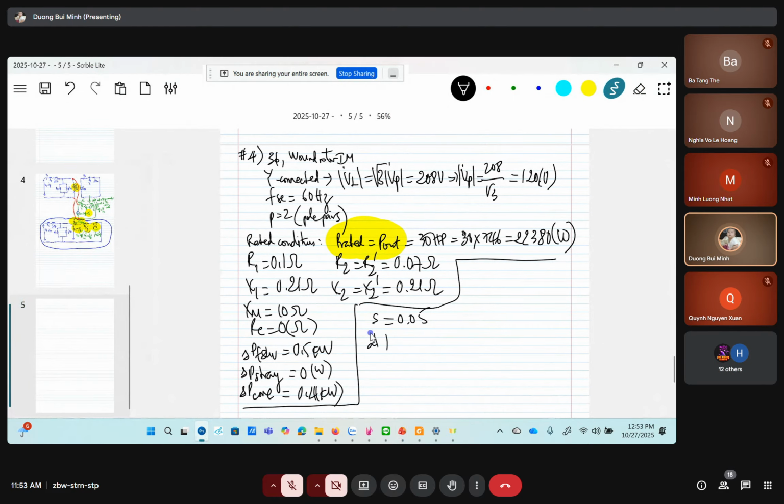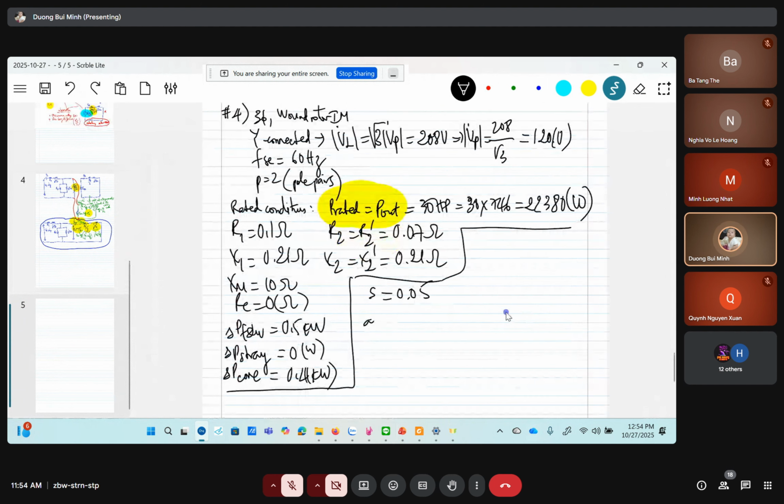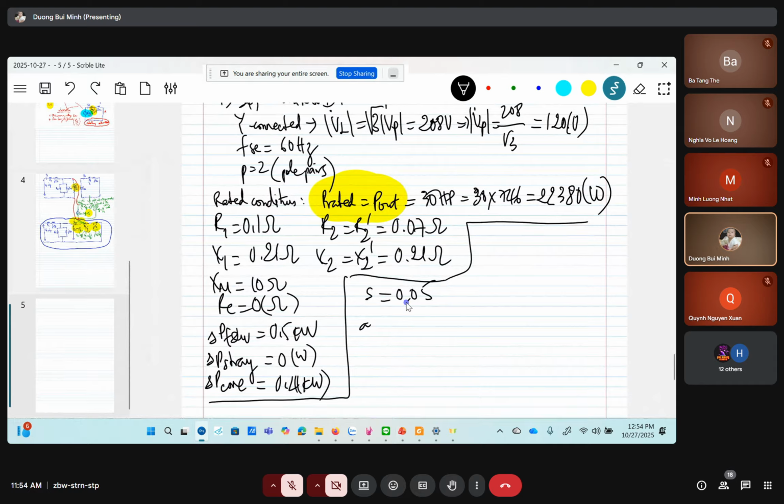We need to calculate I_L. I_L is the line current.